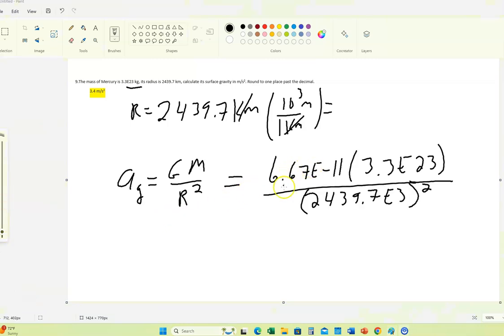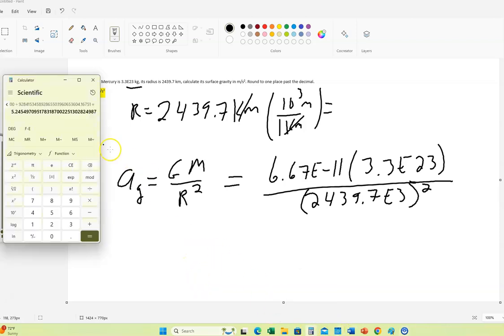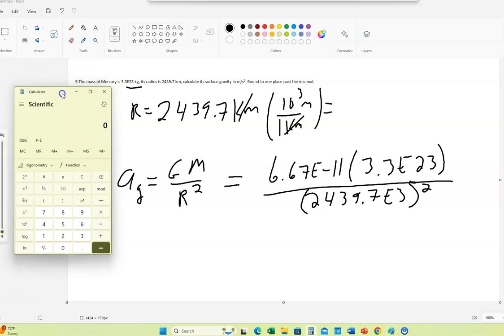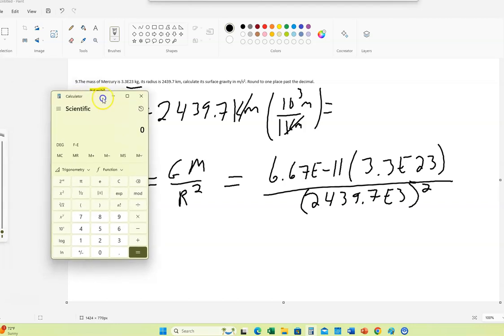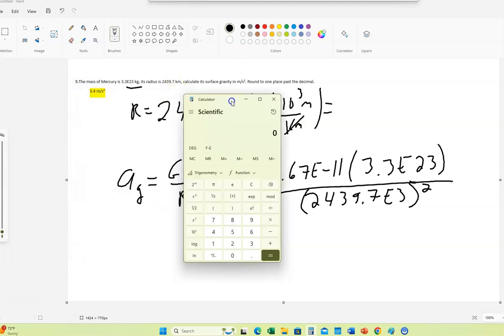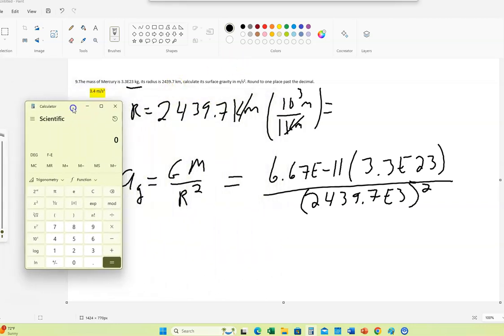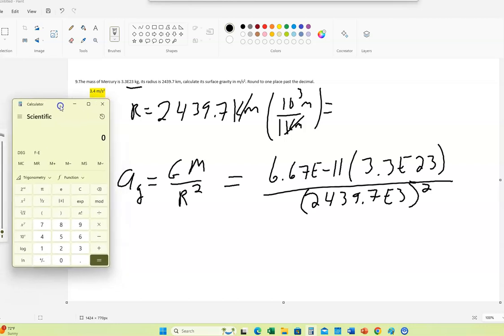All right, so I've written all the numbers over here for our formula for the surface gravity. All right, so anyhow, let's get our calculator out and let's delete that one. All right, we'll start again. Okay, so to do this, actually, I'll leave this over here so you can see it.